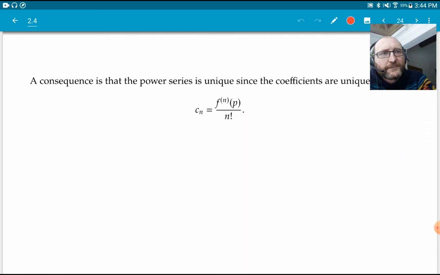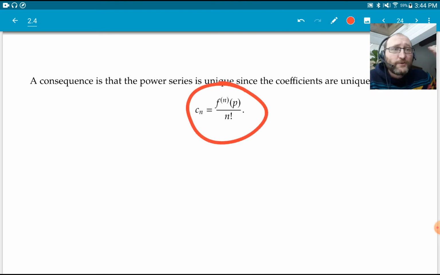So the consequence of that is that the power series is unique, because the coefficients are unique, and we have a formula for the coefficients. Once you know f, once you know what it converges to, you know what the series is.